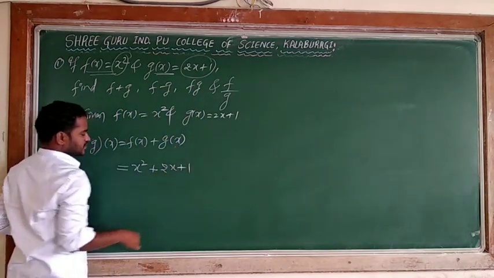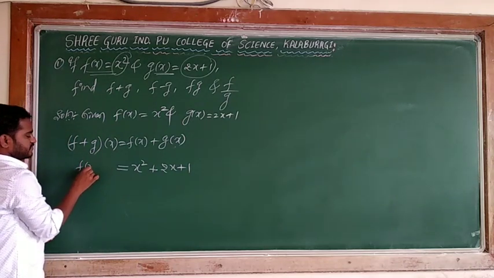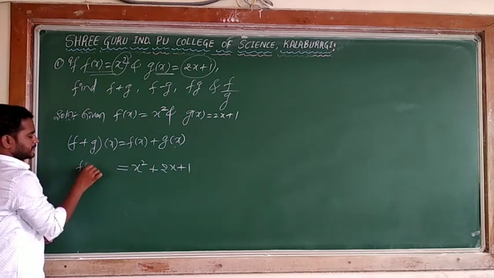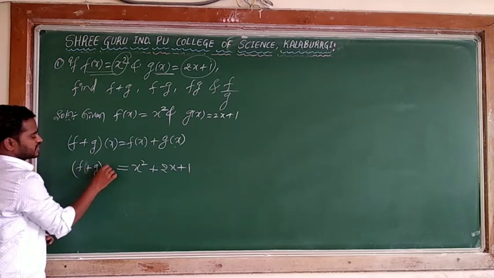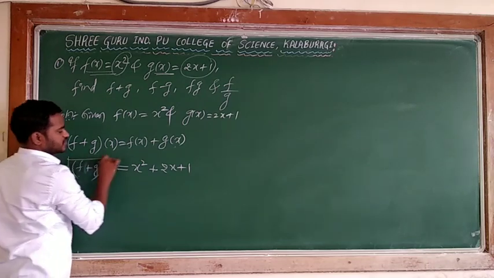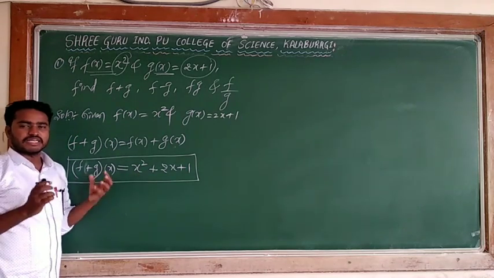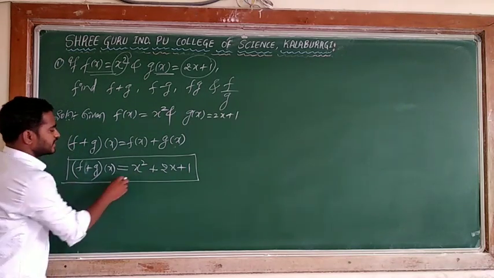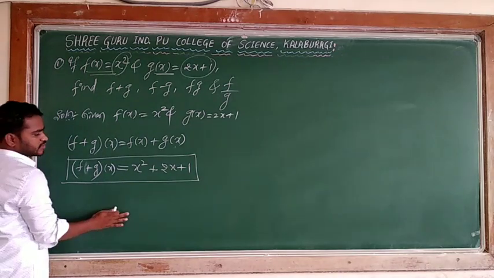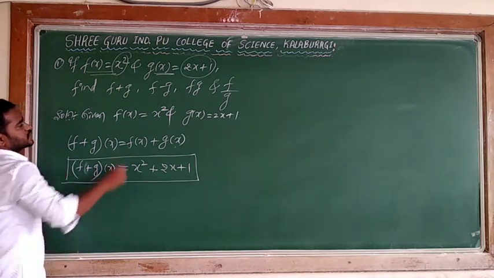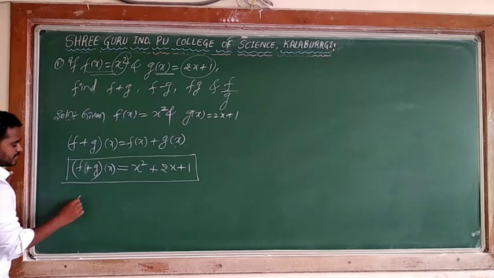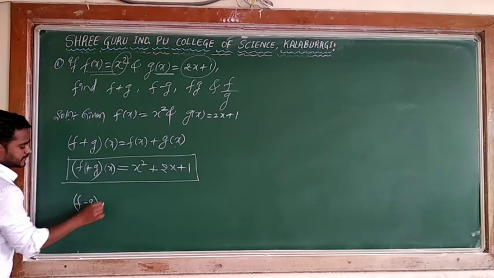This is the addition of the functions. Don't factor, don't use any formula. He is only asking for the addition of those two. I added those two: x square plus 2x plus 1. This is the addition.